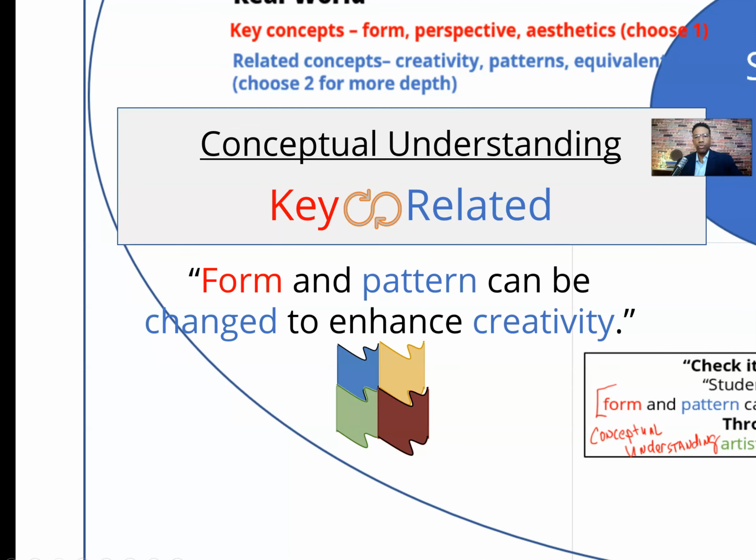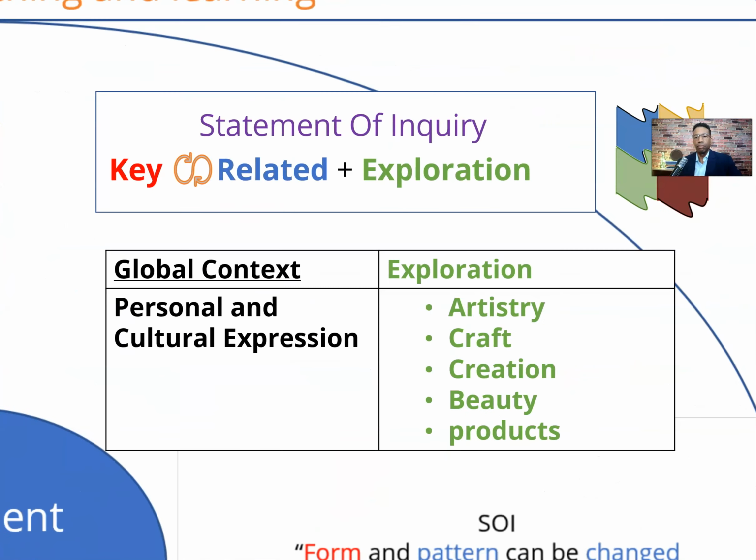So here's my first run at the conceptual understanding. Form and pattern can be changed to enhance creativity. So I chose form, and I chose creativity and patterns, and change is also a related concept. So now I have my related concept in the exploration. Well, IB has what's called global context, but that global context is too broad.